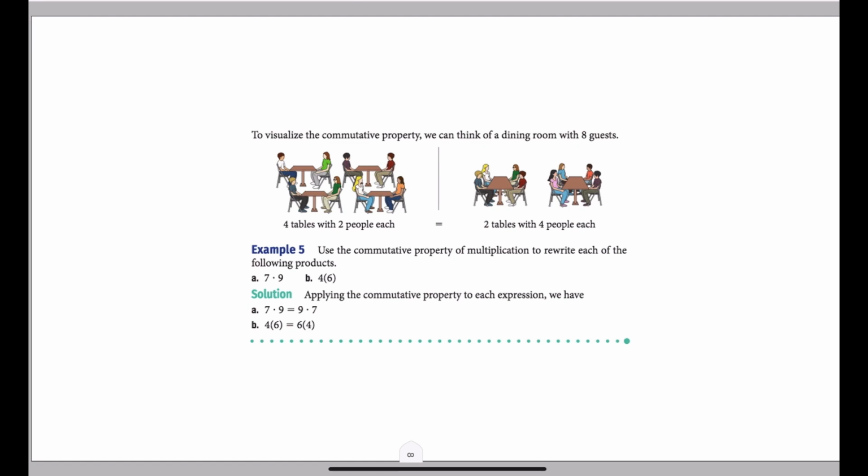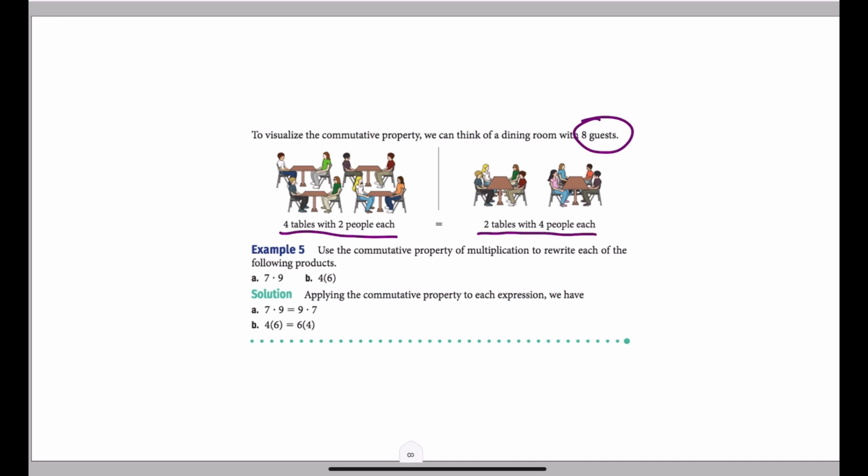Now, the reason that's handy is because it can sometimes help us to rearrange things to think about them. So in this case, we're going to visualize the commutative property by thinking about a dining room with 8 guests. We have a couple of different seating options. We could have 4 tables with 2 people each, 4 two-tops, or I could have 2 four-tops.